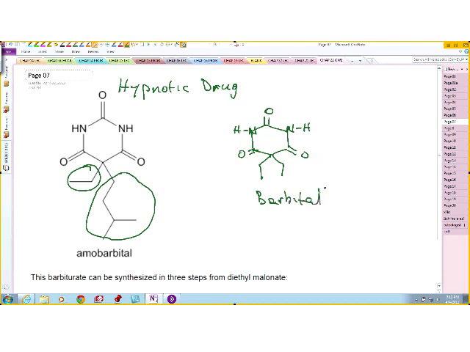That was really the first of the series of the class of compounds called barbiturates. This one is used for insomnia.